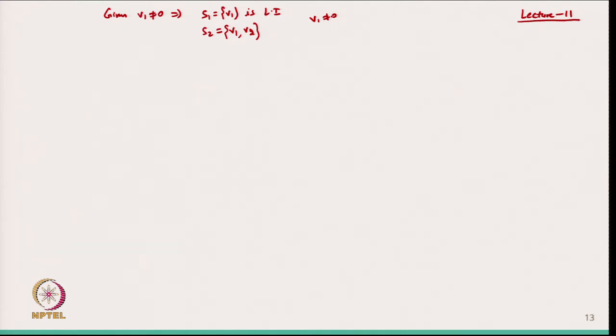Now, we have discussed that we have two elements V1 and V2, and suppose they are not collinear vectors. Then this is also going to be linearly independent. If it is linearly independent, that is okay. If it is linearly dependent, now these are the two cases.